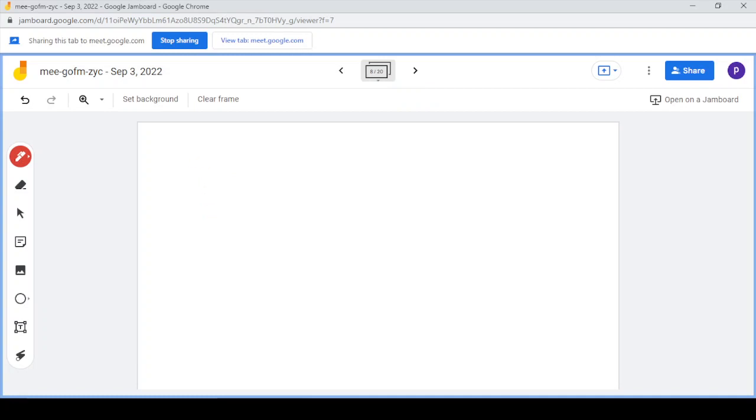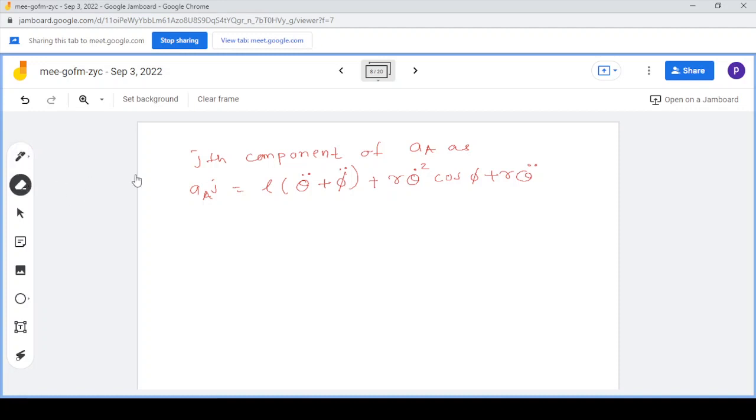So the jth component of AA, AA of j, is equal to L into theta double dot plus phi double dot plus r theta dot square cos phi plus r theta double dot, wait, I have written wrong.